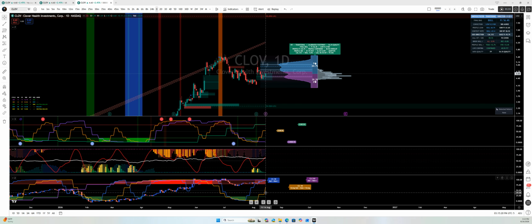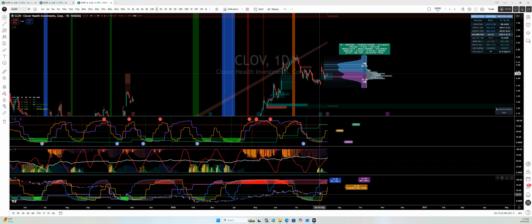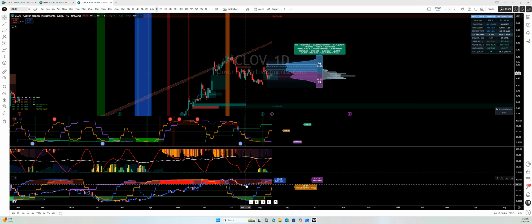You can see the divergence on the cumulative volume delta candlestick right here. How this one was going down while this one was going up. I probably need to zoom in and see how it was structured to an upwards flow, and this one is structured to a downwards flow.